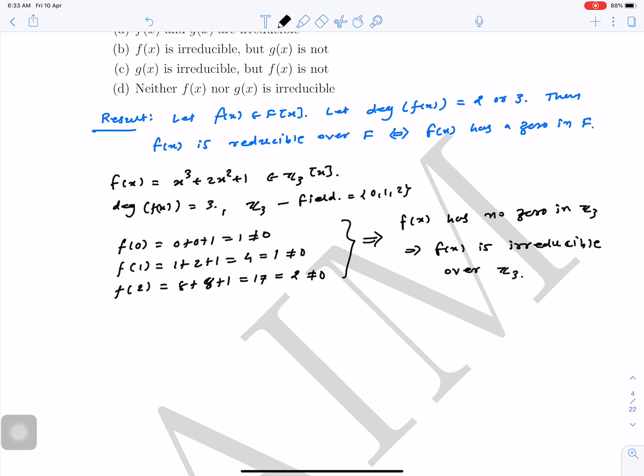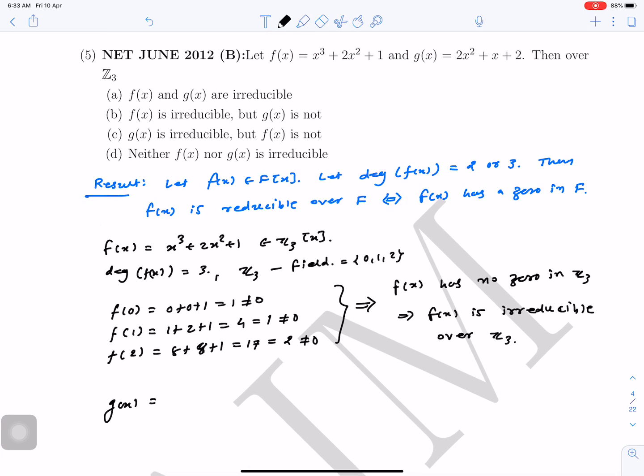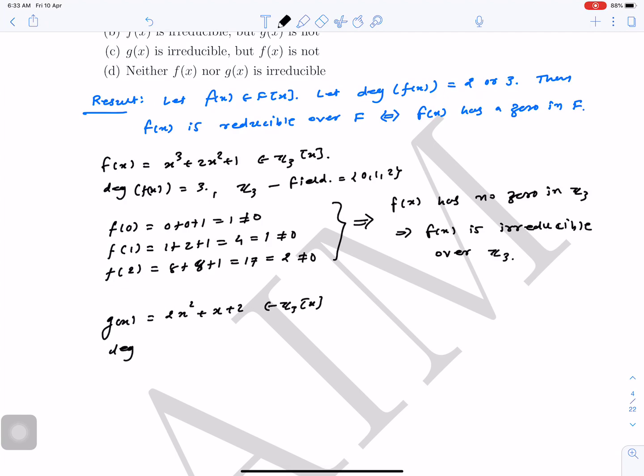Now g(x) is 2x square plus x plus 2 over Z3[x], and the degree of g(x) is equal to 2. So g(0) will be 2, which is not equal to 0. g(1) will be 2 plus 1 plus 2, which is 5, and it is 2 in Z3, so it is also not equal to 0.